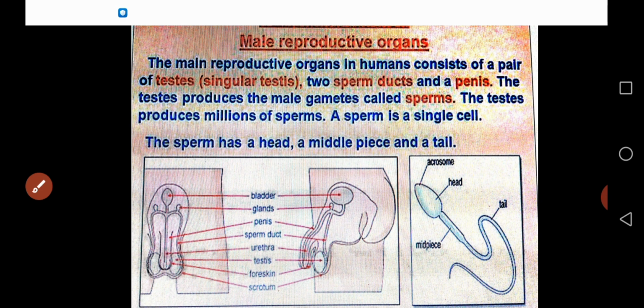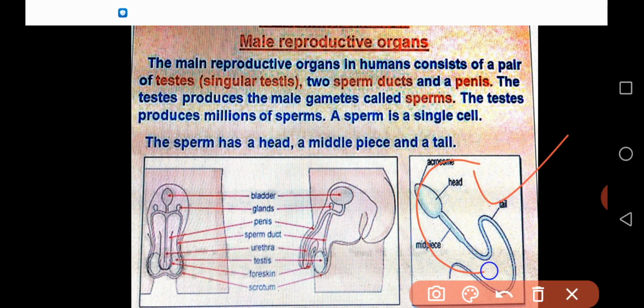The first very important part of the male reproductive organ is what we call the testes. This part is what we call the testes. What are testes like? I already told you that in sexual reproduction, fusion of male and female gametes takes place. The male gamete is what we call sperm.